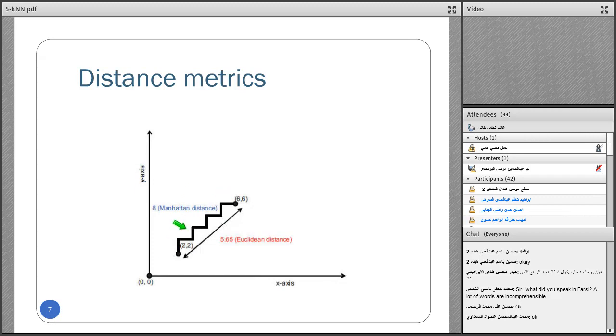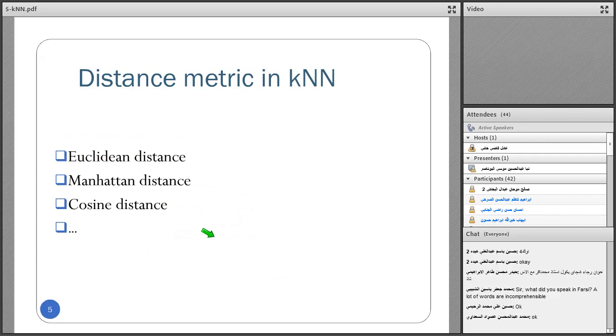If we have 2 points, the distance between these 2 points, if we use the Manhattan, it's something like this, and if we use Euclidean, it is the direct distance between the 2 points.